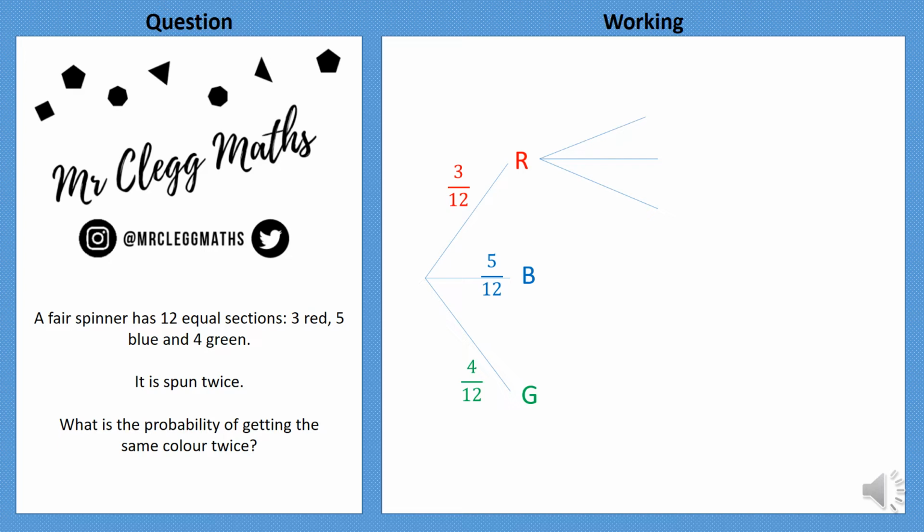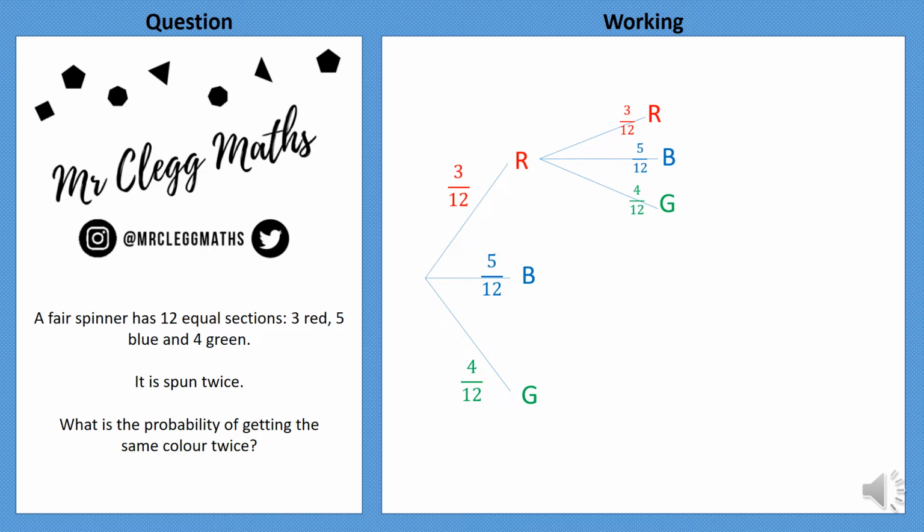After I've got a red, I can still get red, which would have the same probability. I can still get blue, which would have the same probability. Because I've not changed my spinner, there's still 12 equal parts, and 5 of them are blue and 3 of them are red, and actually 4 of them are green. So those probabilities stay exactly the same for the second spin.